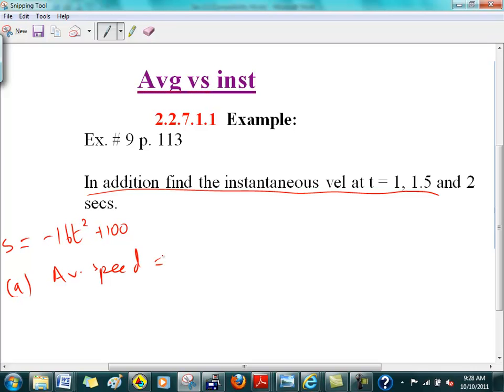for part A, you're going to do S2. Does everybody understand what S2 means? What does S2 mean, Michelle?